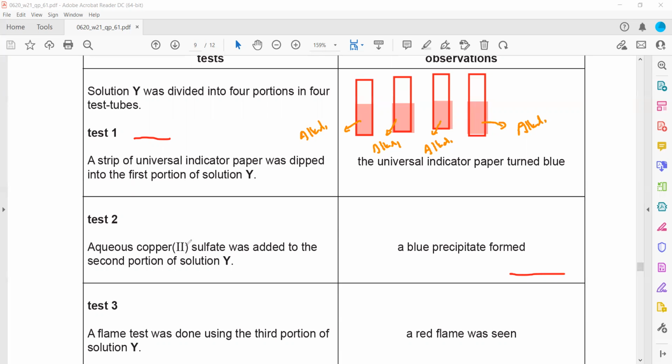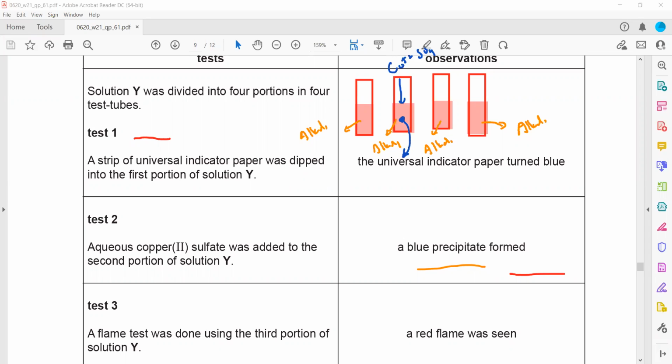When we add copper 2 sulfate, a blue precipitate is formed. This confirms the presence of a hydroxide ion, because when we add a salt which contains a copper ion, like copper sulfate, it forms a blue precipitate.